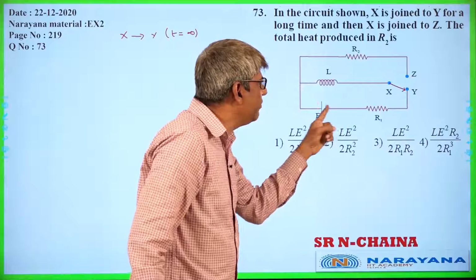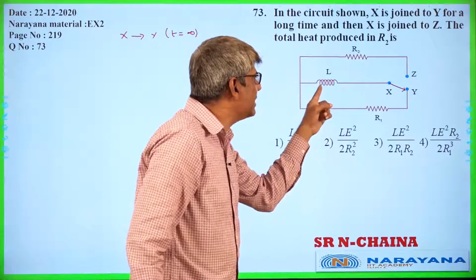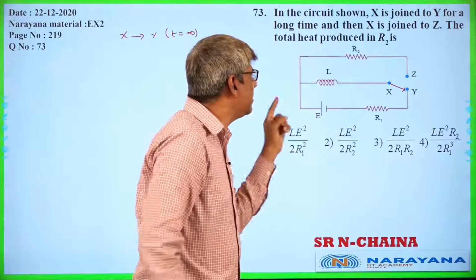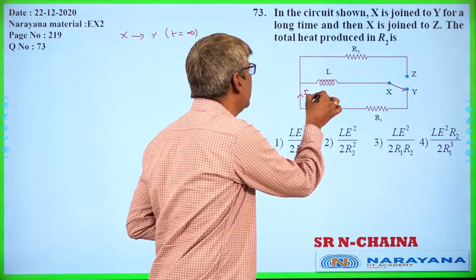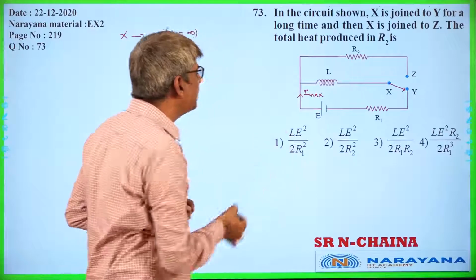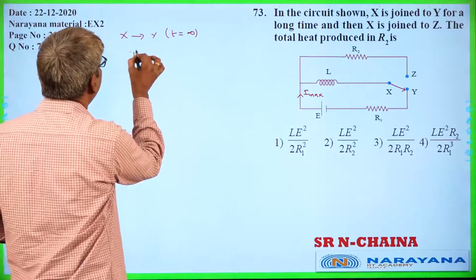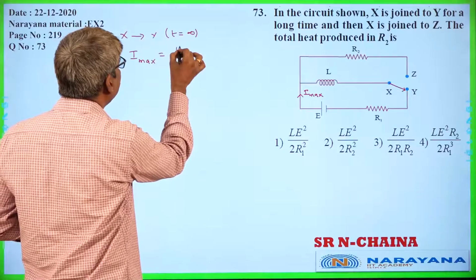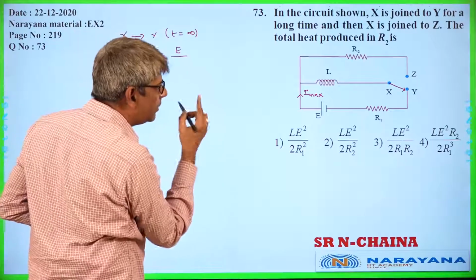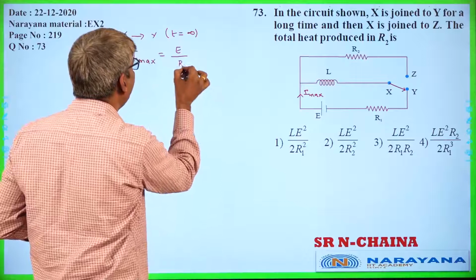At t equal to infinity it acts like a conducting loop, means the maximum current will flow through the LR circuit. First find that maximum current. The maximum current is E by R effective, which is only one resistance, R1.